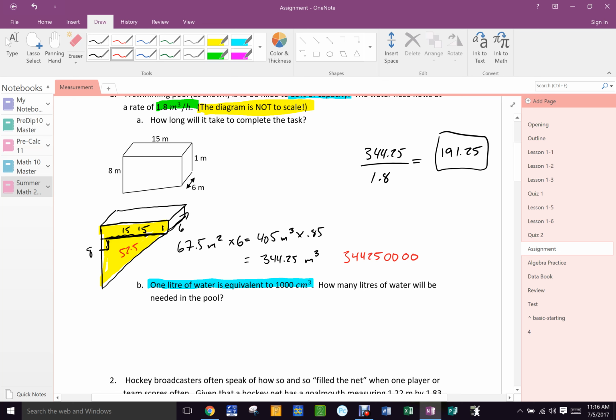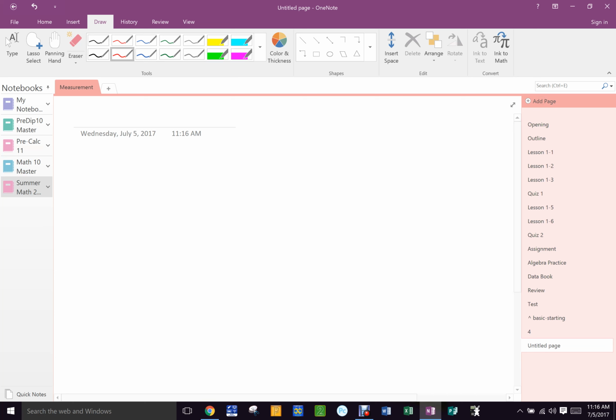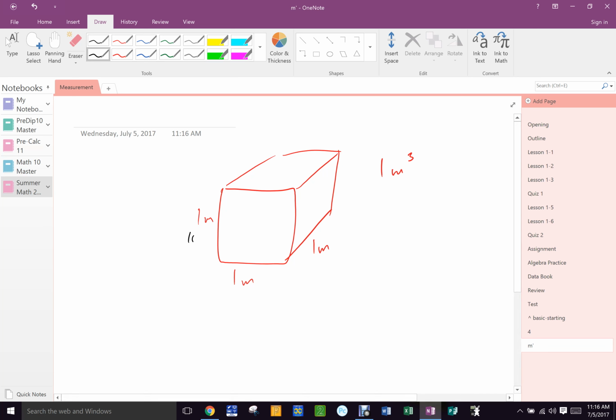Okay? And here's why. I'm going to show you another way to understand what I just explained. 1 meter, 1 meter, 1 meter. So that is 1 meter cubed. Does everyone agree? Okay, now put it in centimeters. 1 meter is 100 centimeters, isn't it?